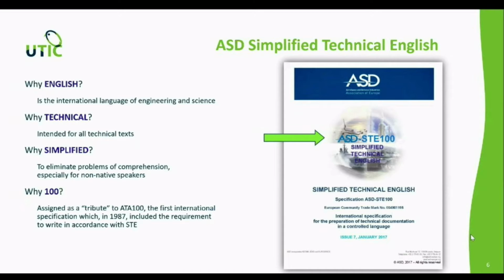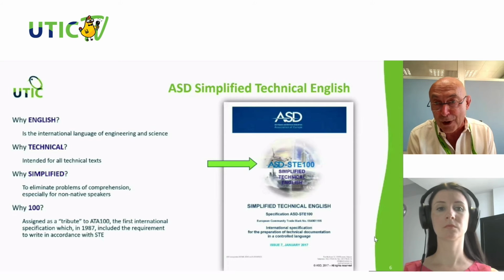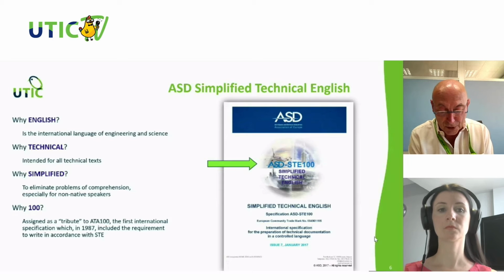So you can see that we are linking to controlled language, as I was saying before. So then let's analyze each single word. ASD is actually what we saw before. It's the association owner of the specification.